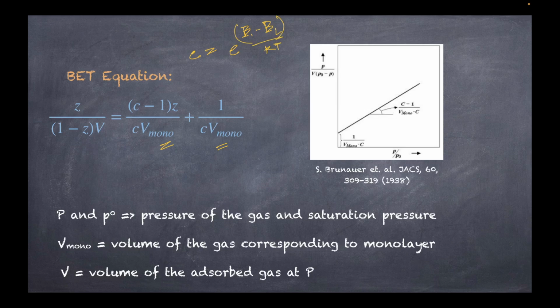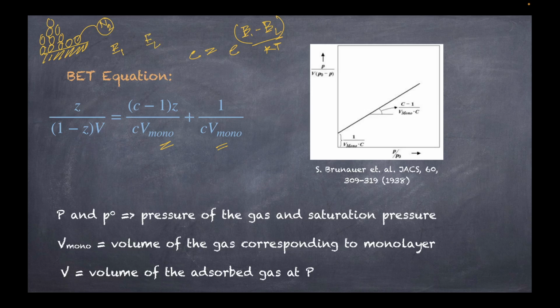E1 is basically the heat of adsorption for the first layer. Let's say this is the solid surface and nitrogen gas is adsorbing here. For the first layer, the heat of adsorption is E1. For other layers, apart from the first layer, the heat of adsorption will be equal to EL, which is the heat of liquefaction or vaporization.